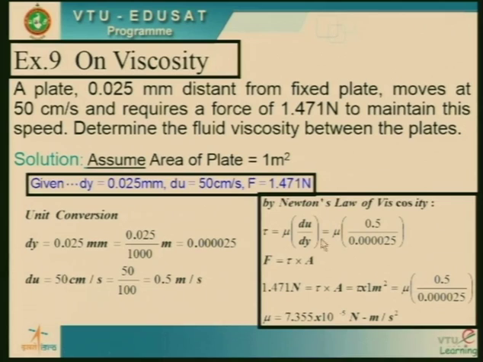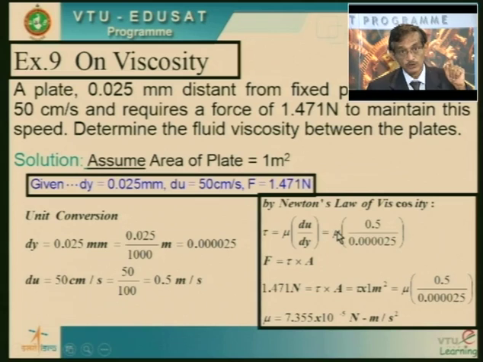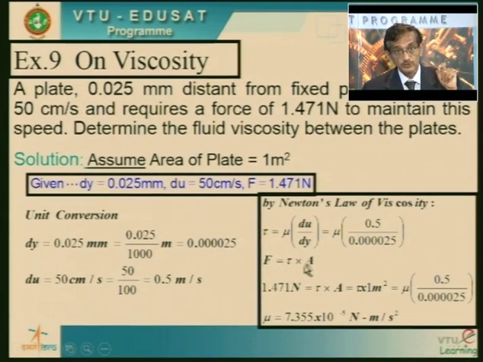So, if I substitute shear stress tau equal to mu into du by dy, mu I need to know, I know du is 0.5, dy I know, I substitute here, and I get shear force as tau into A. Assuming that force is given as 1.471, I put shear force as 1.471, shear stress as mu into 0.5 divided by 0.000025. That value is substituted and you immediately get the dynamic viscosity in Newton second per meter square.